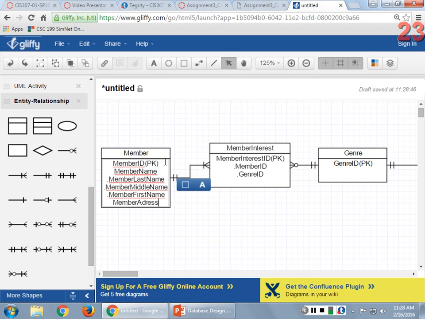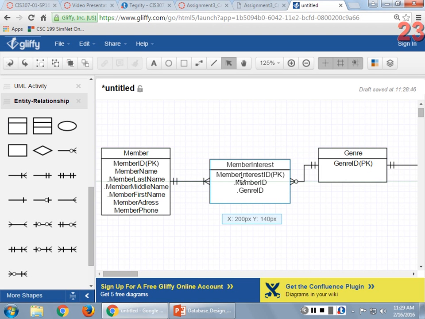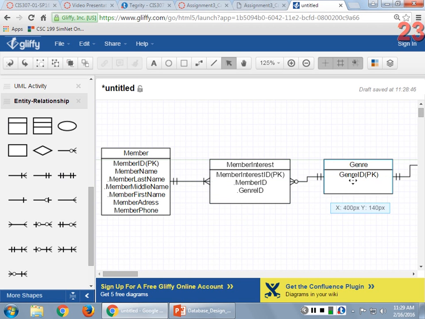I'll keep it like this. You can break it down into components like street name, house number, apartment number, zip code, city, and all those things. Anything else? Telephone. Yeah, member phone. I'll leave it like that. So we already have 5. You can add additional ones if you want to. So member interest ID, which is that associative entity. Let's say we already have at least 1 or maybe 2, depending on how you count it.